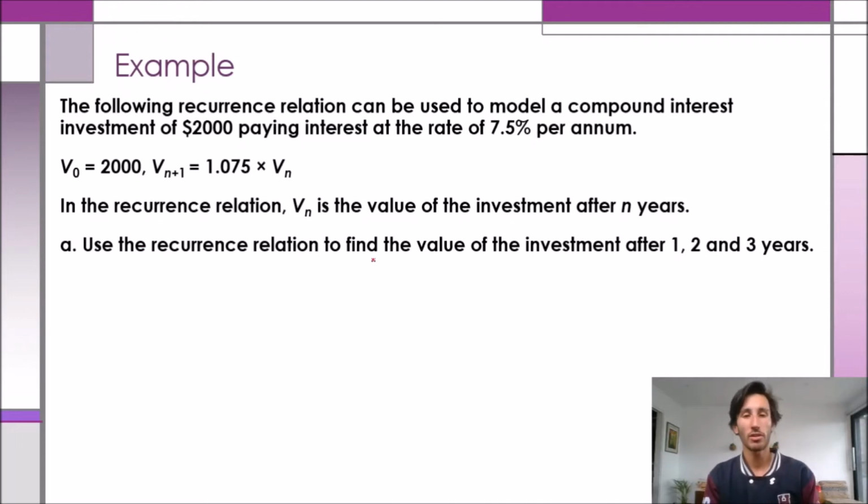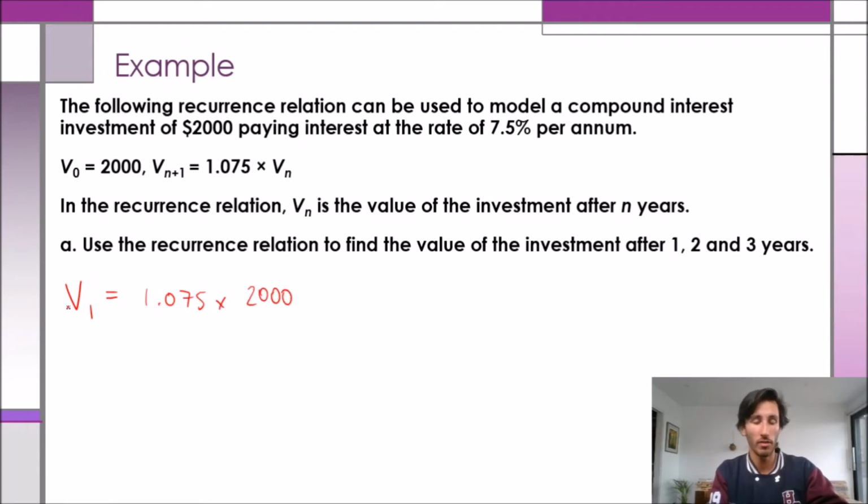Use the recurrence relation to find the value of the investment after 1, 2, and 3 years. Okay, so we're starting with 2,000, so that's after 0 years. So after 1 year, V1 equals 1.075 times 2,000, because our previous value before V1 was V0. That is equal to $2,150.